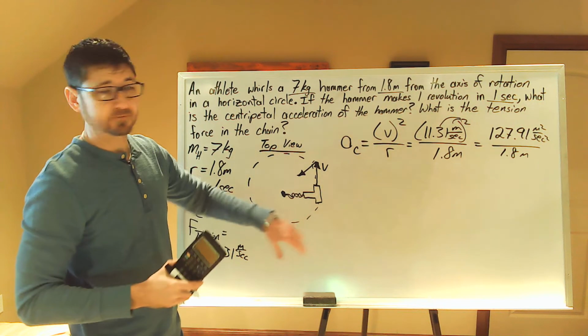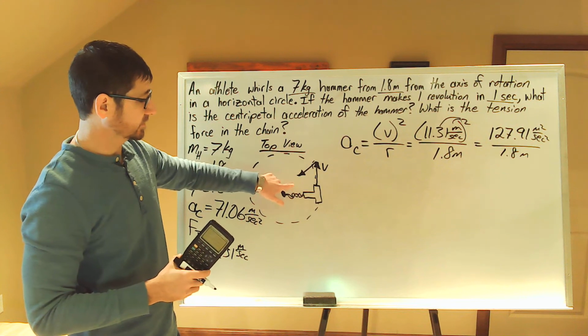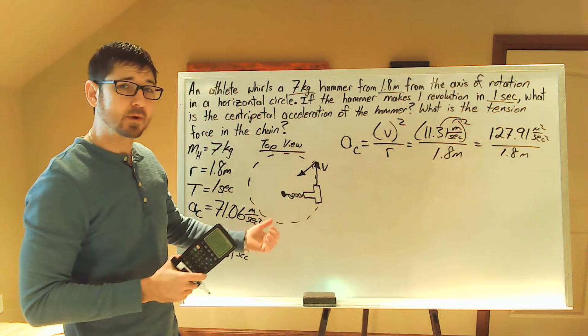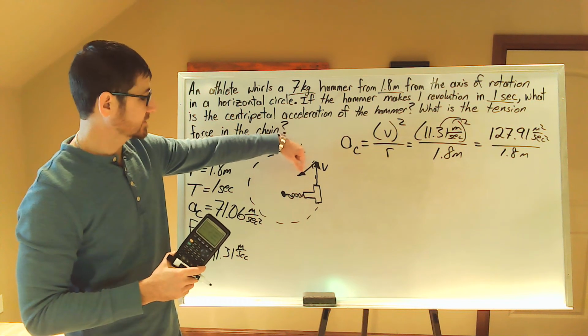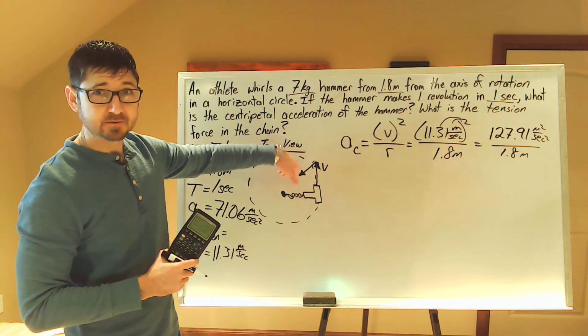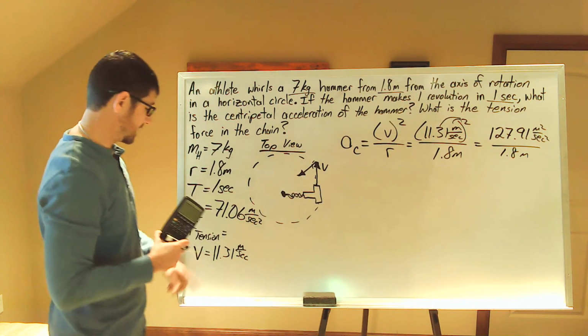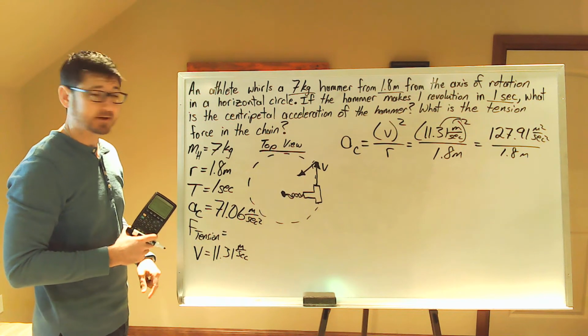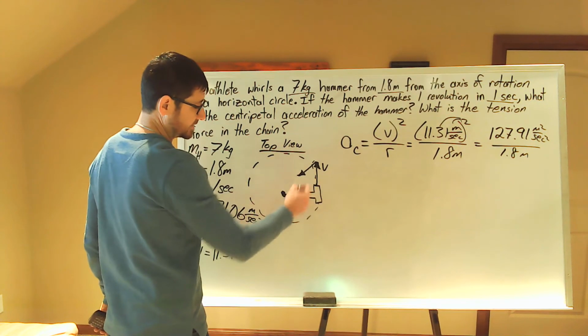This net force causes the centripetal acceleration. So the hammer is always going to be turning toward the center of the circle, so it's known as center seeking or centripetal acceleration. And we've calculated that right there. So the net force vector points to the center.